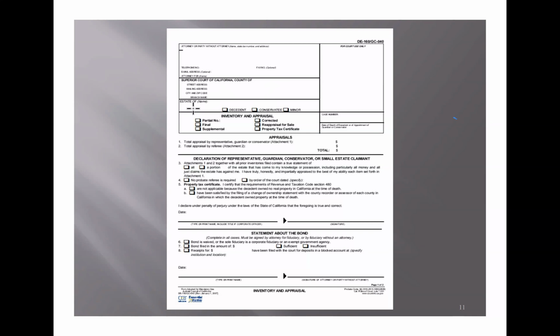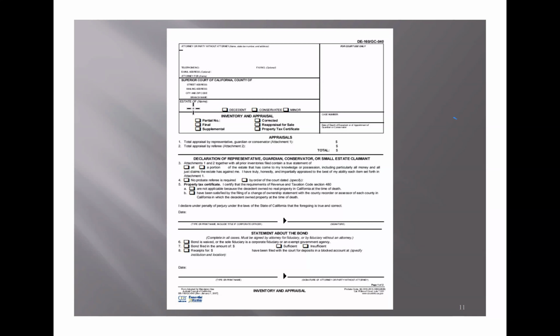But if the deed to the property that you're trying to transfer says Charles J. Smith, then I would put their whole name and then put AKA, also known as, and then put their name the way it is on the deed, okay? Or any other names that they went by in documents, okay? So you put their name and check the box decedent.